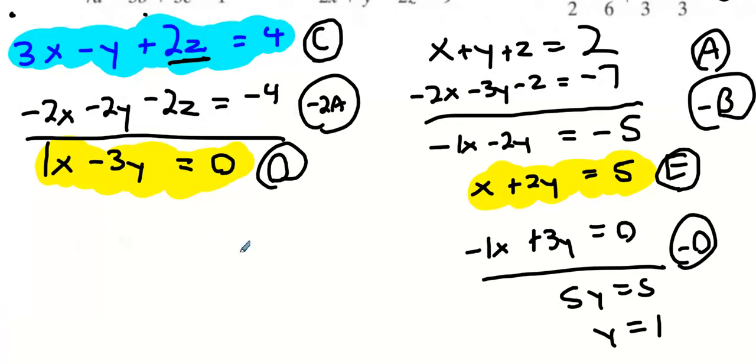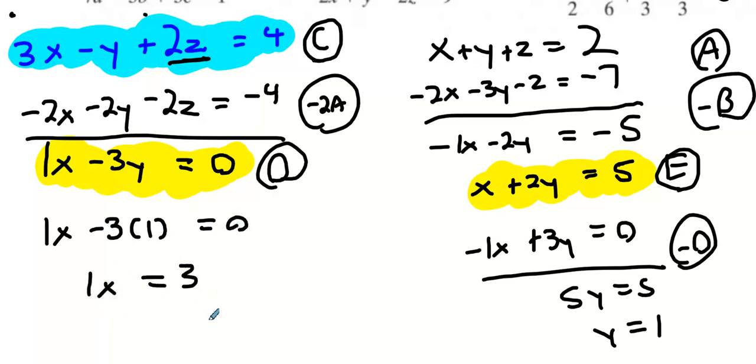Now, 1x minus 3 times 1 equals 0. 1x equals 3. So we have x and we have y.